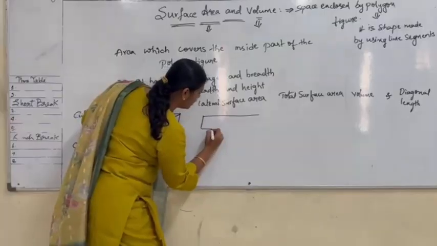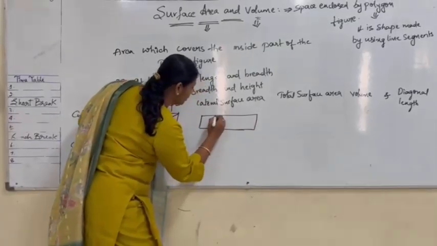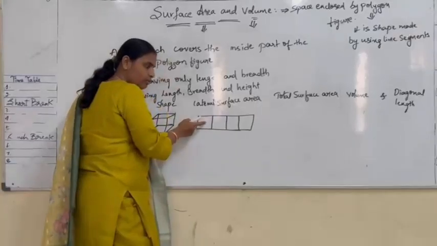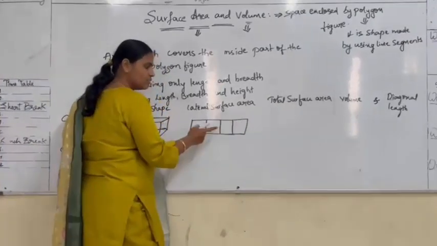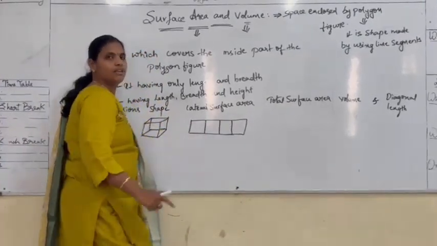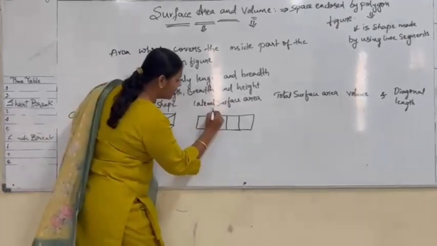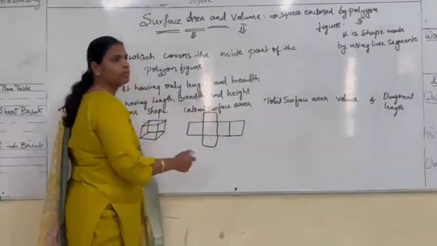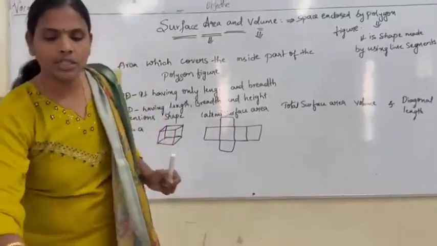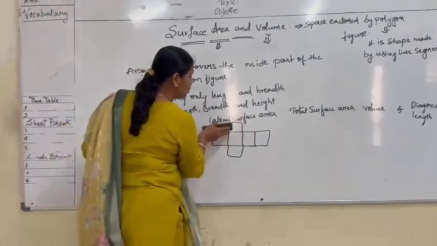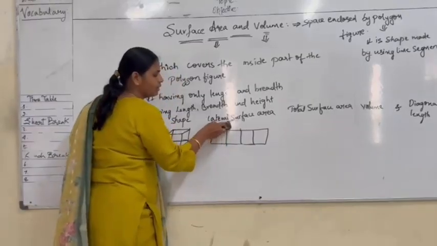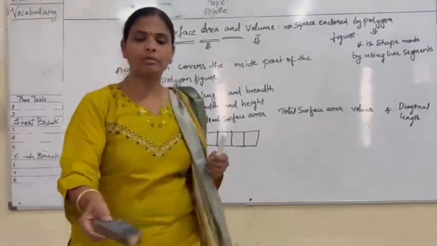Have you seen the net figure of a cube? 1, 2, 3, 4: this will be front, back, right side and left side, and up here will be top and bottom. For lateral surface area, we consider only the 4 sides of the cube, leaving the top and bottom.